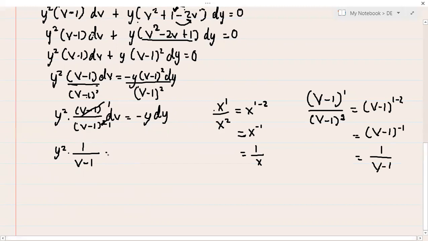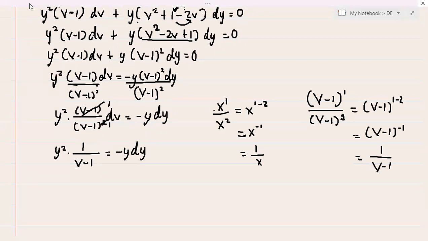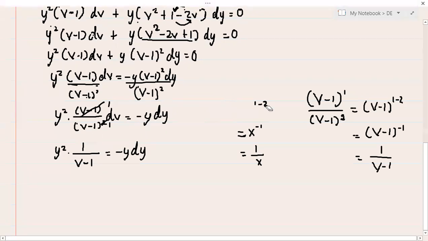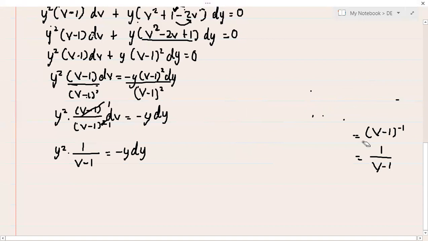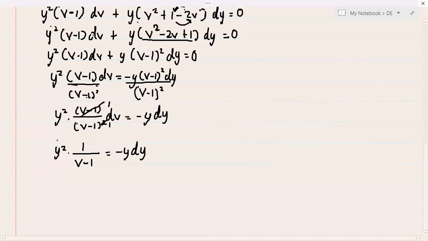Alright? So, let's go back to the solution. Where were we? Yeah, here. So how can we get all the y's with dy? We can just divide both sides by y squared. Or, to put it in a simple way, let's multiply both sides by 1 all over y squared.